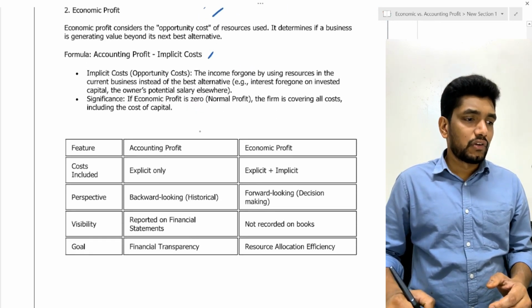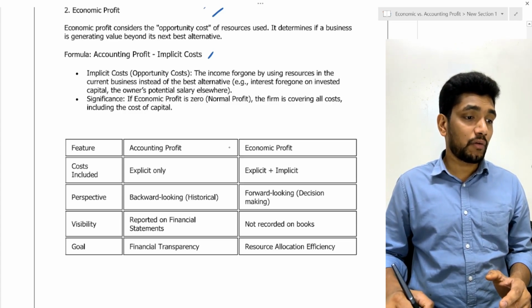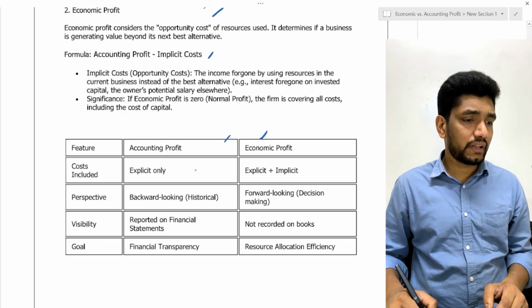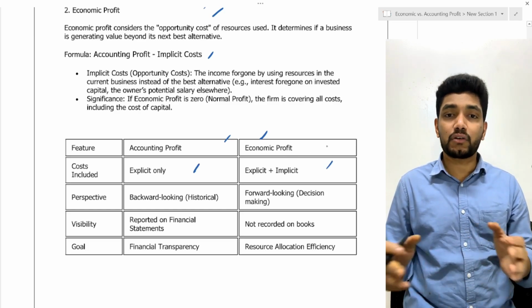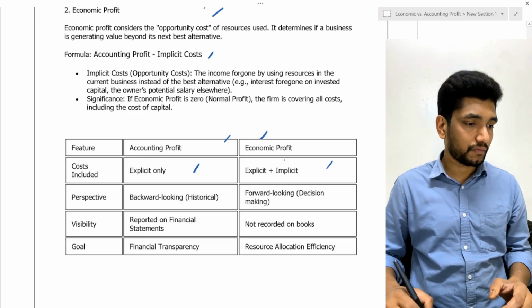These are some key differences between accounting profit and economic profit. In the accounting profit, we consider only the explicit cost, but in the economic profit, we consider both explicit and implicit cost.